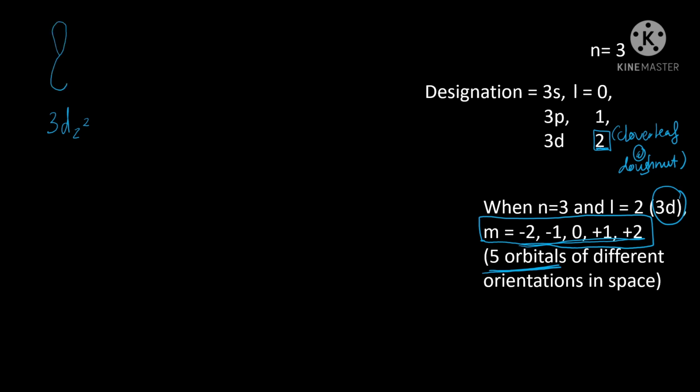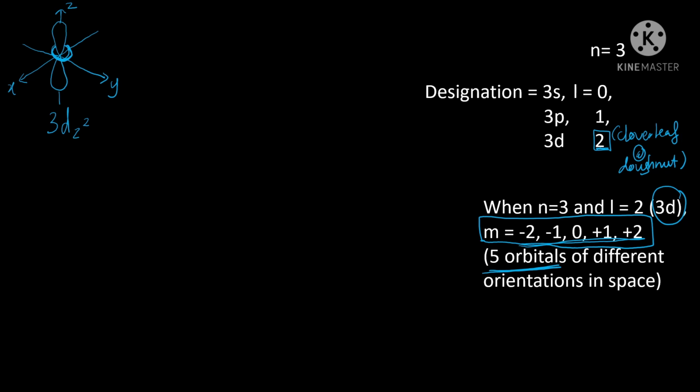So lying along the z-axis, and then having a donut like this. And then we draw the x and y axis. So this is the 3dz² orbital having the donut shape.